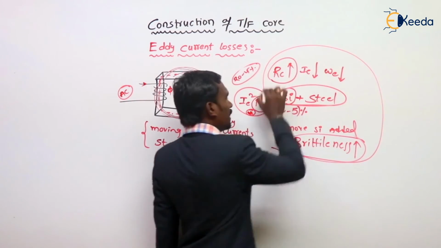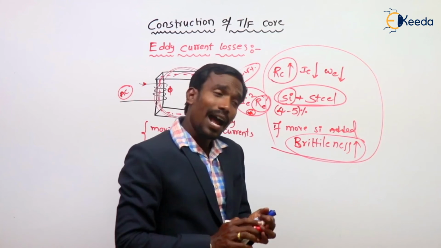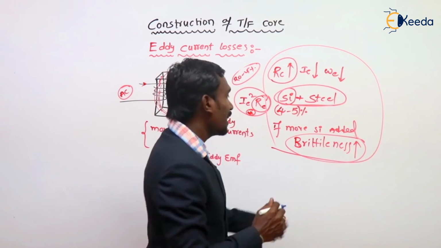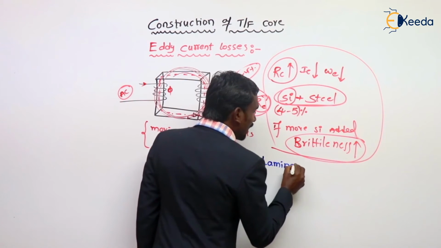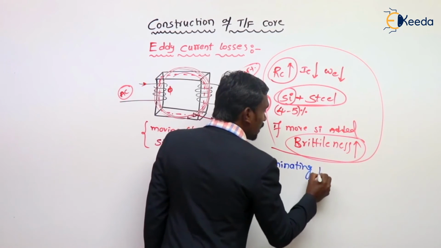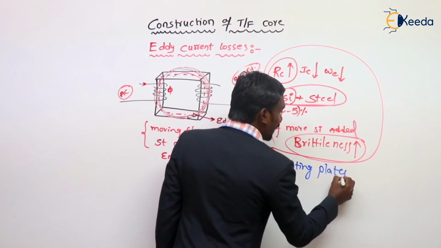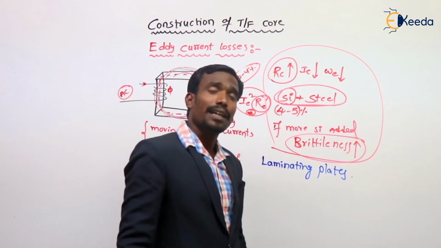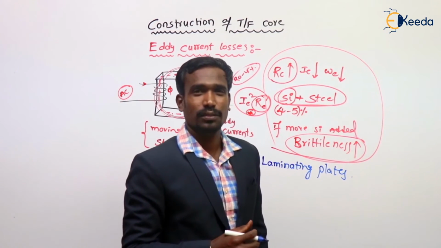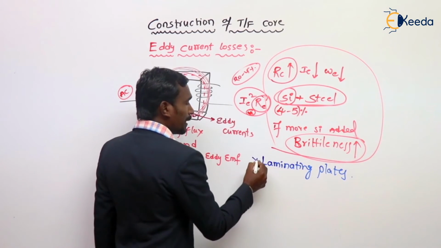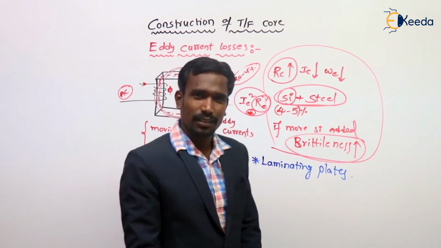Next, this is one method, and also by using laminating plates we can control eddy current losses.